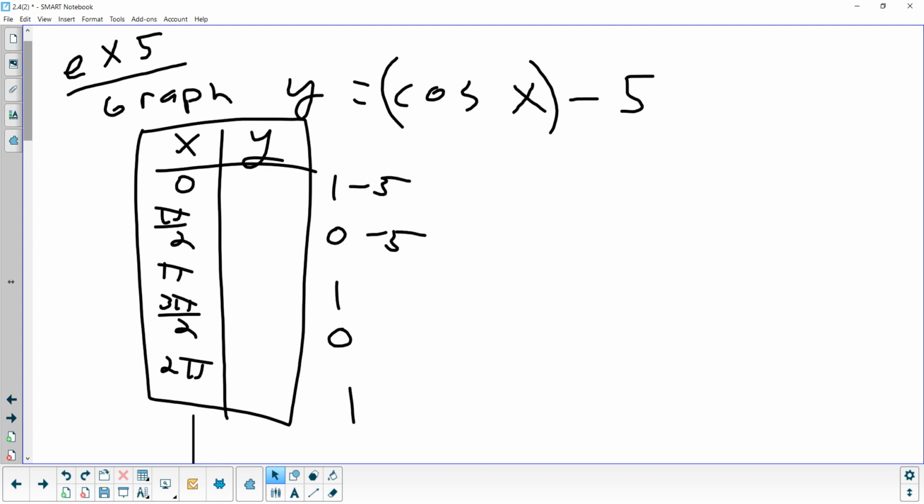So that's a negative something. Negative 4. Good. So those are my y values. Questions on how we got those?